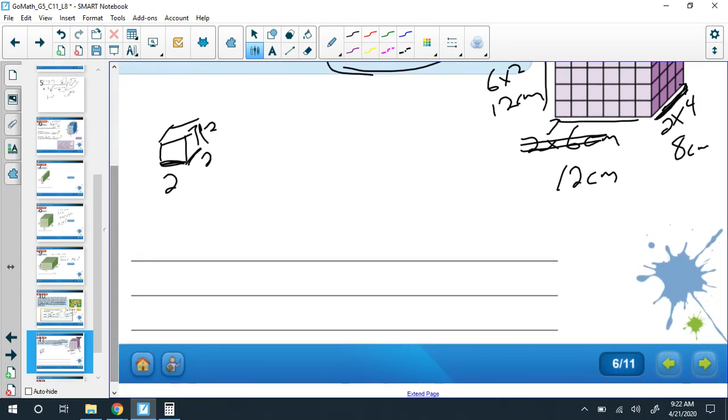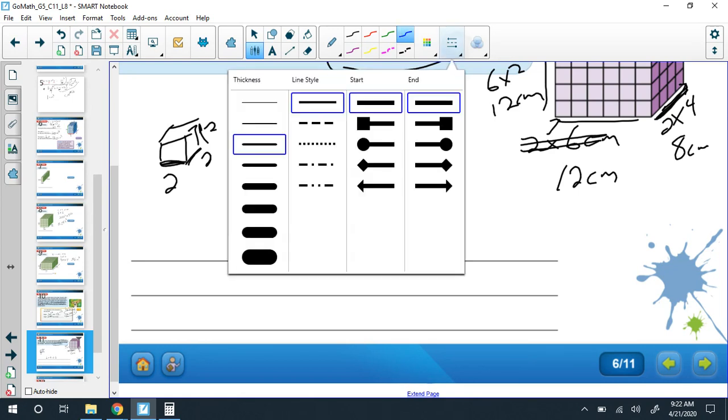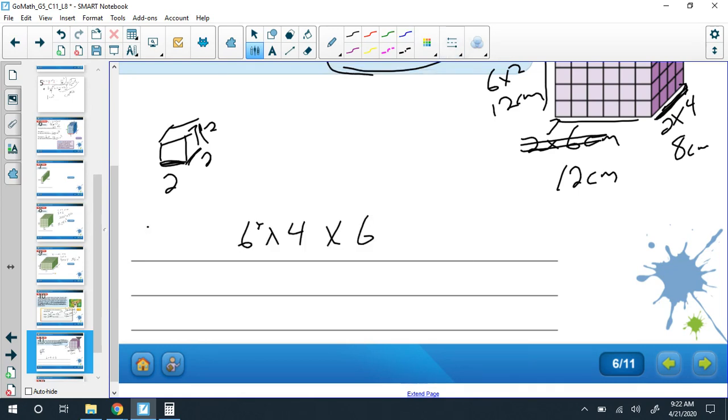I think the easiest way might actually be to write it down. So we have our length times width times height, right? So 6 times 4 times 6. Well, for each of these, we came in and we multiplied them by 2. So that's times 2, and that's times 2, and that is times 2. So if we just look at this part of it, 2 times 2 times 2 is 8, right?